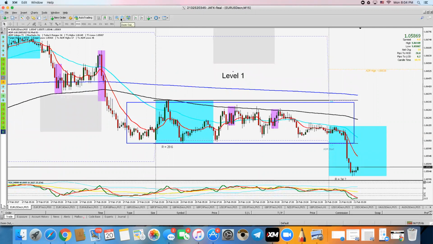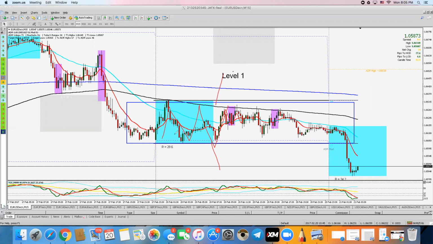If the pair doesn't make a stop point above or below the box, and it stays in the middle of the range of the Asian accumulation, they are most likely working the crosses. That's what it means. If the deal doesn't break high or above, they are working the crosses. That's it.